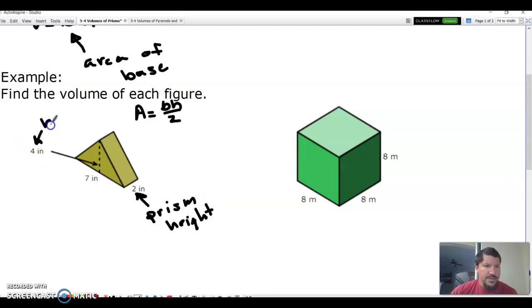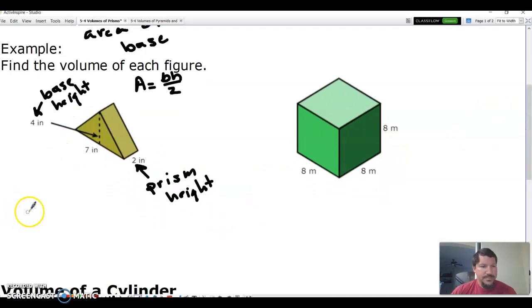This is my base height. So you have to understand that even though there's two heights, which one is which? Okay, this is the base height because it's the height of the triangle. This is the prism height because it's a side of the prism.